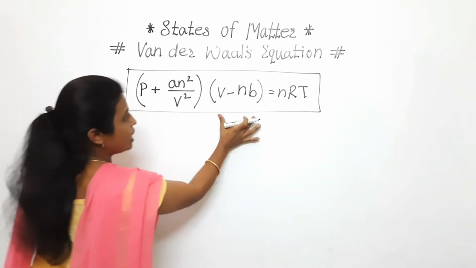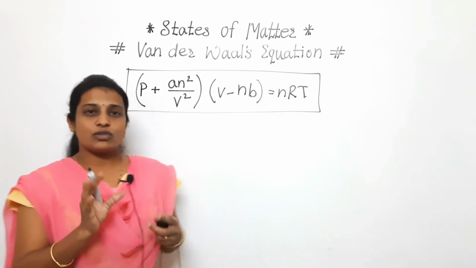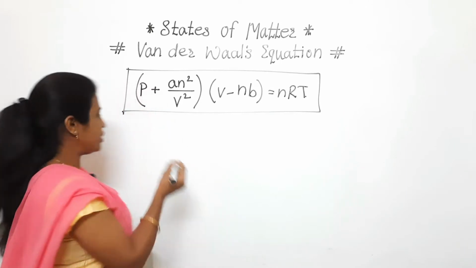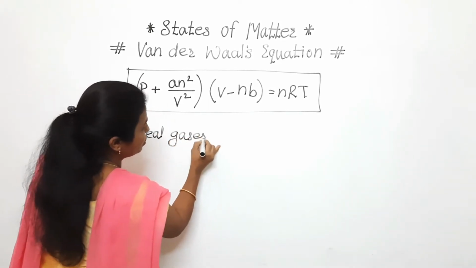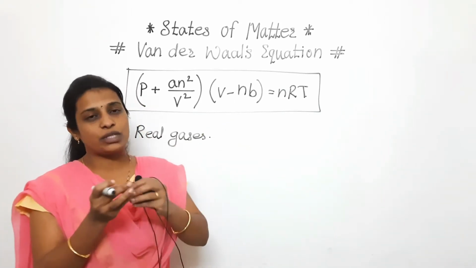How these terms come about, we also have to discuss, because understanding is very important. So listen carefully. As we know, at high pressure, real gases show deviation from the ideal gas law. Why? Because molecules interact with each other.